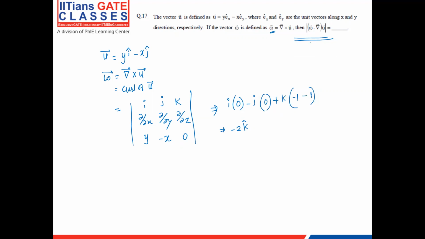Dot product means gradient of this vector minus 2k cap. And we can clearly say here this is the constant term, and if you take a derivative of -2 with respect to z, it would be 0. Hence the first part of this question is 0, and if you multiply with any other vector, we'll end up with 0. Hence for this question, answer will be 0.